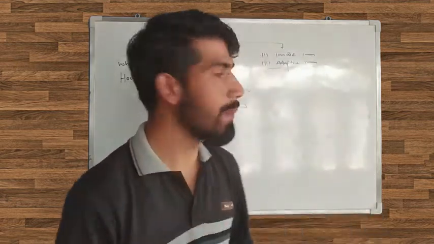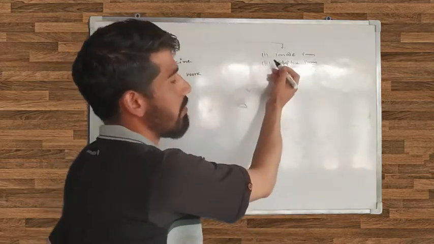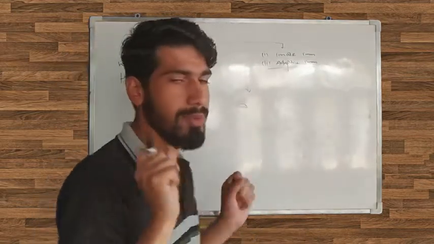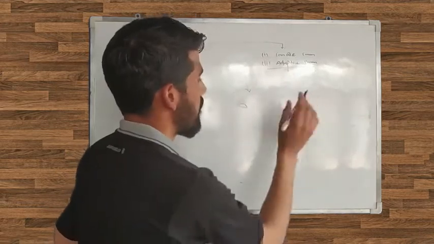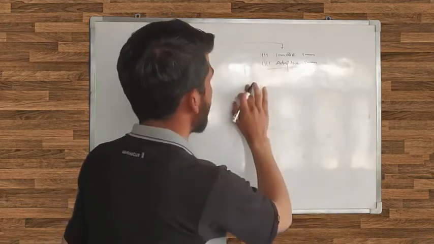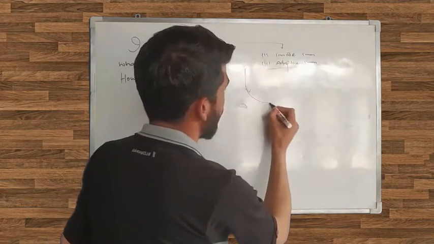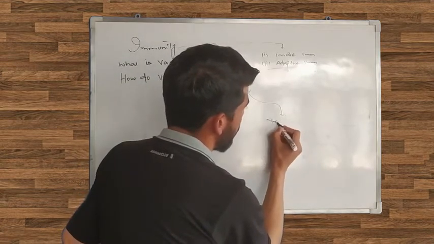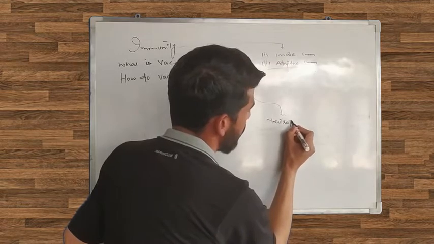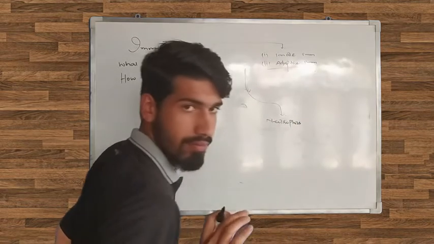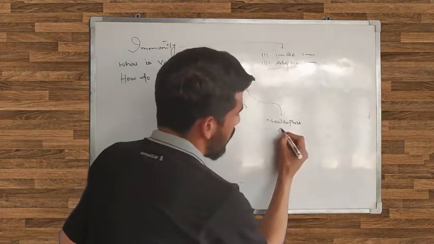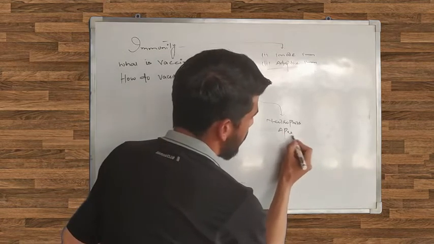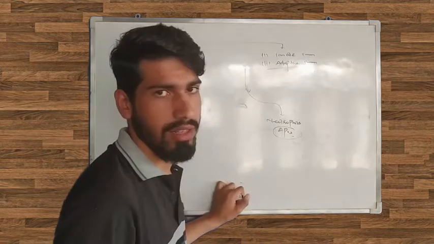But how? In innate immunity, there are some specific cells, such as neutrophils and APCs, which are antigen presenting cells.